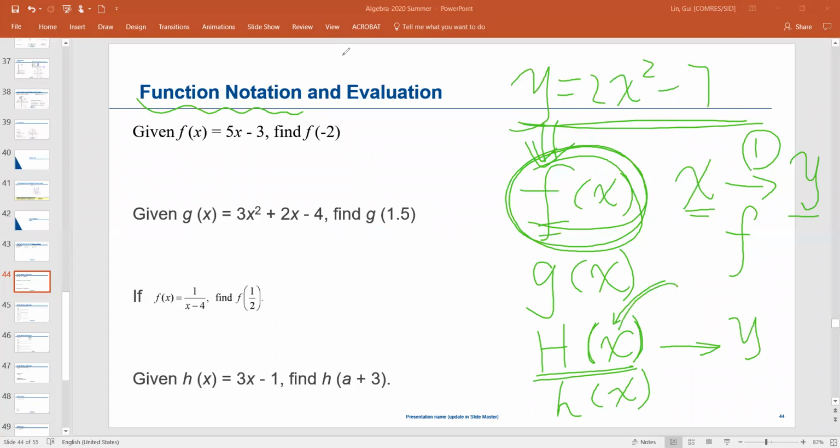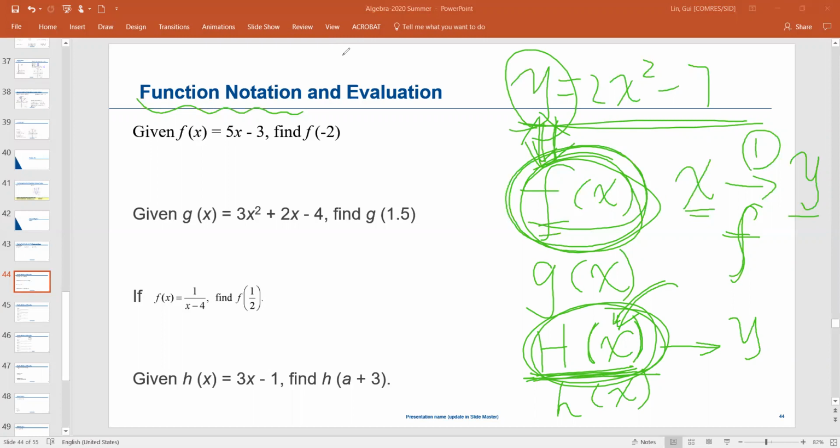You just input x and generate this data. This data we use as the function value. So we use this notation to replace y when there is a function, but if it's not a function, we don't use it, all right? So this is function notation, replacing the y when there is a function.